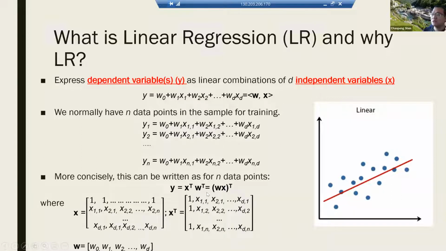What is the x? In the x, you have a 1 as the first row, okay? And that is the x, you think of there's a b, a 1 multiplied with w0. And the next is the first predictor. You can have d predictors, which would be a d-dimensional problem. However, here in this problem, d is 1, so you would only have those first two rows.